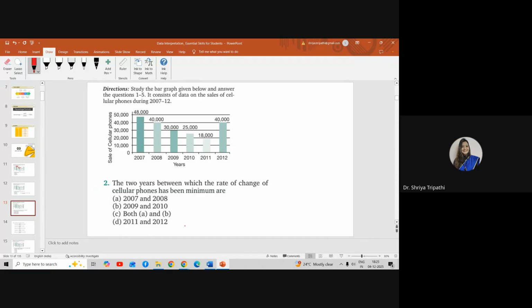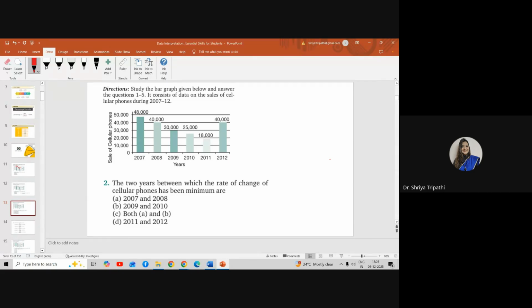Now here, usually the pattern is the same graph, but we'll have 5 sets of questions. The 2 years between which the rate of change of cellular phones has been minimum.